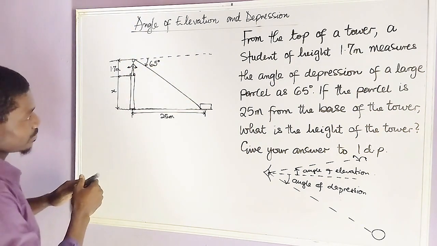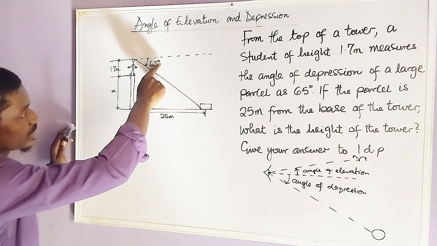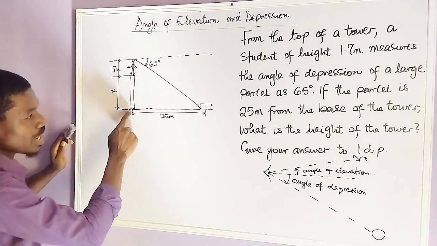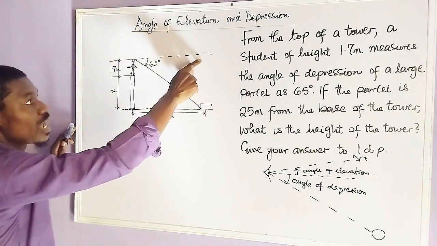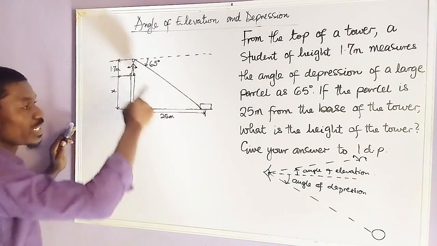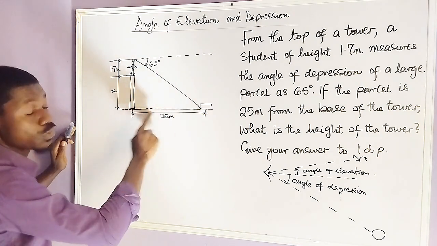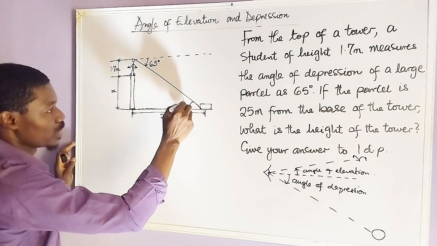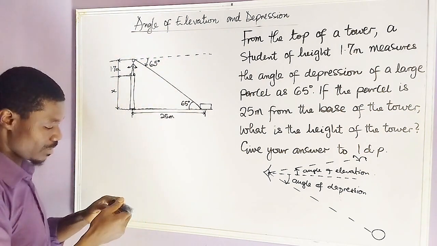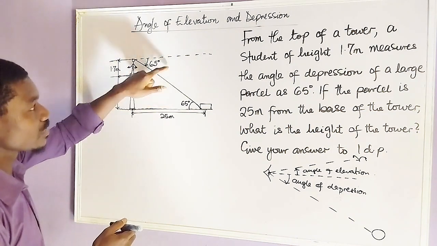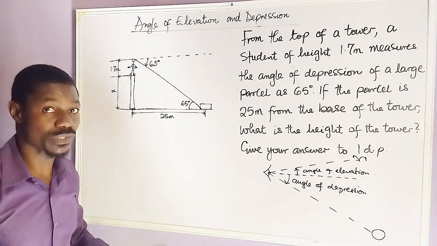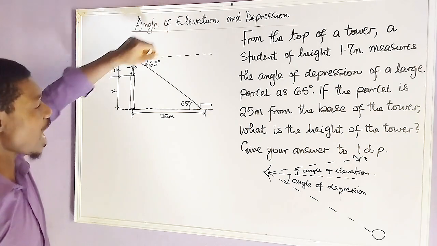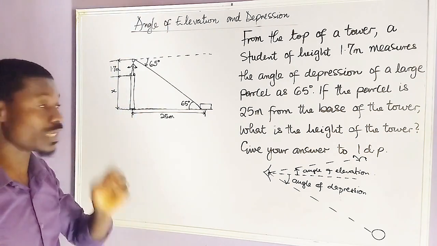In that case, we know that if this angle is 65, and because the initial eye view of the student is parallel to the horizontal line, then here also is what? 65. Why? Because of alternate angles. The reason it's an alternate angle is that this initial eye view of the student and the horizontal line are parallel to each other.